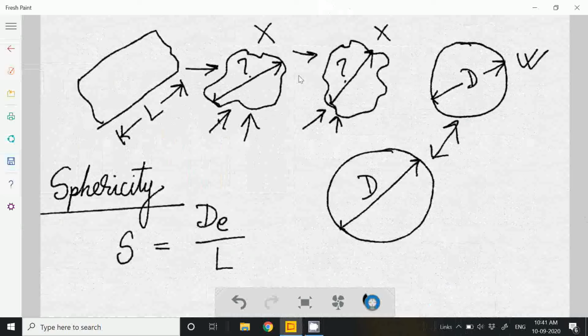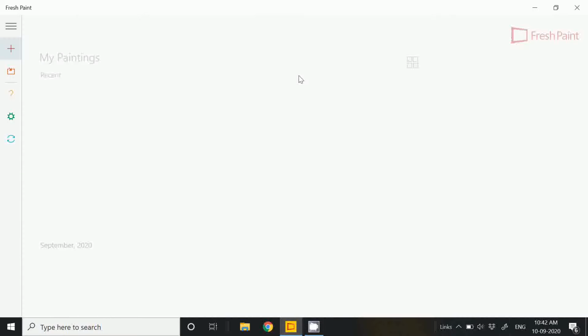So now, how can we find out this sphericity? Sphericity means how much it is conforming to a round shape. So for that we need the equivalent diameter. So how can we find the equivalent diameter?